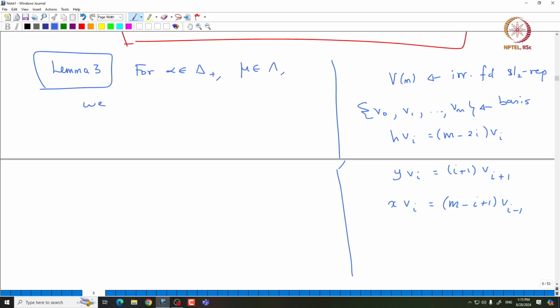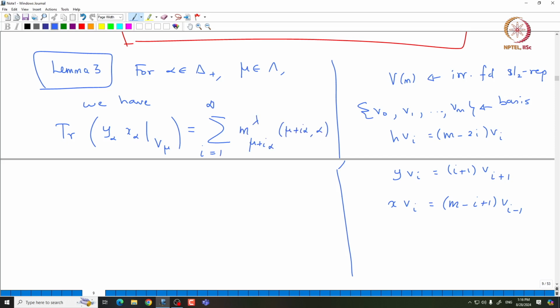So, the trace of y alpha x alpha acting on this V mu is exactly given by the summation, i ranging from 1 to infinity, of m of mu plus i alpha, lambda, mu plus i alpha times alpha.